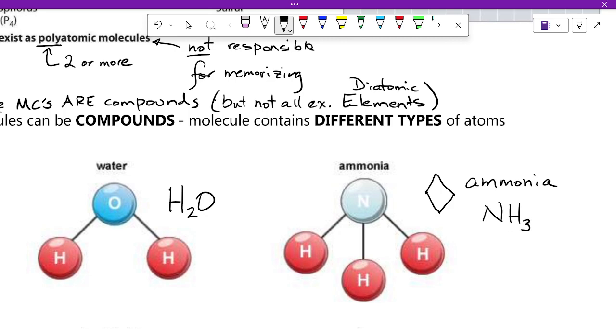What is ammonia? It's a weak base. It's used in a lot of cleaning products. Windex, for example, contains ammonia. Lots of cleaning products are bases because bases feel slippery. And so they'll cause the dirt to slip off of things better. Okay?